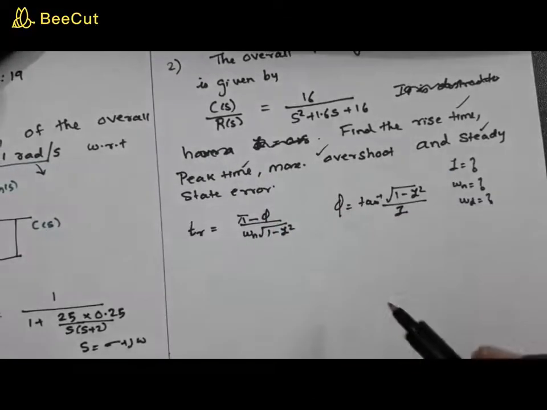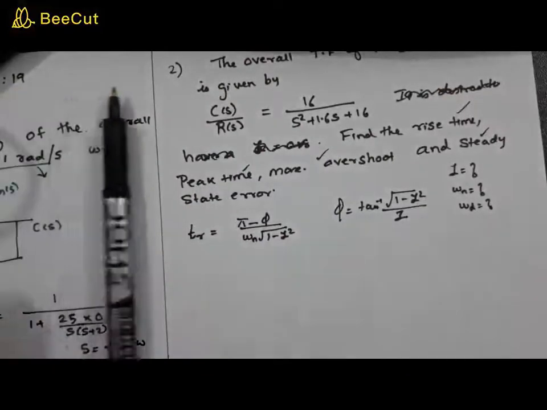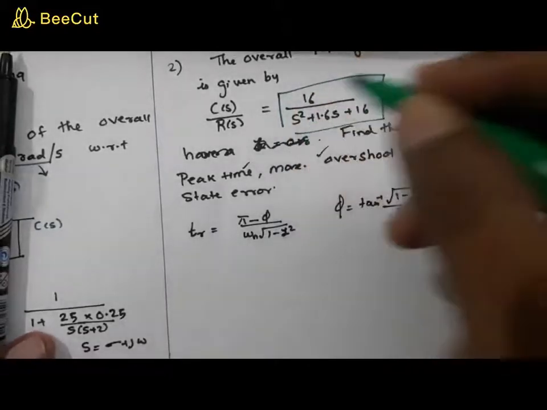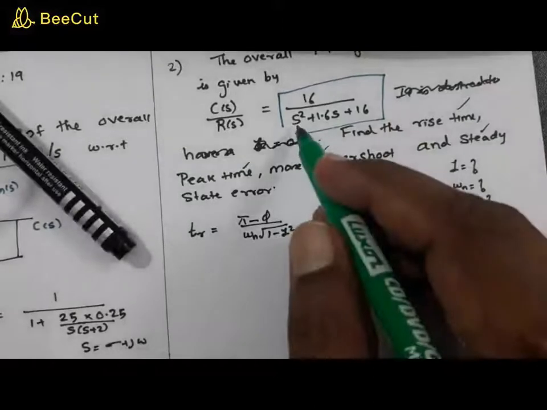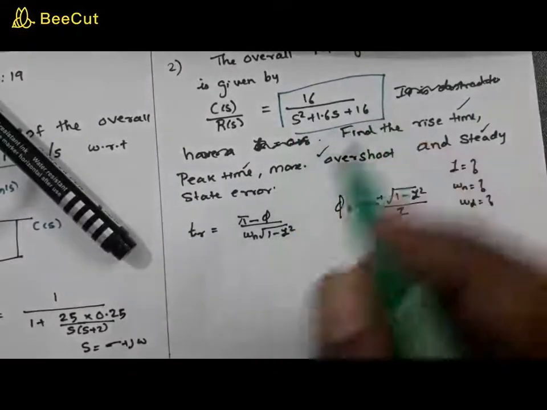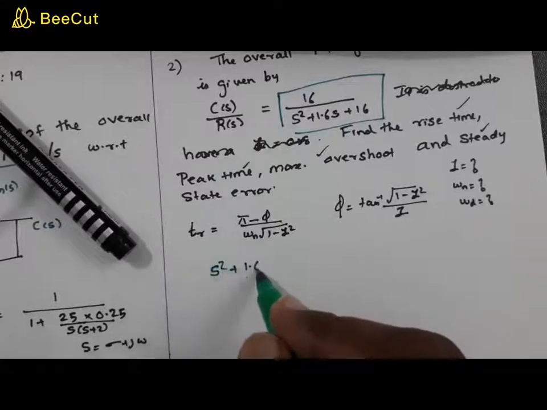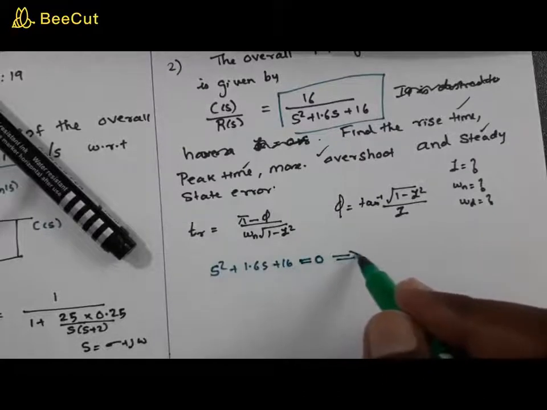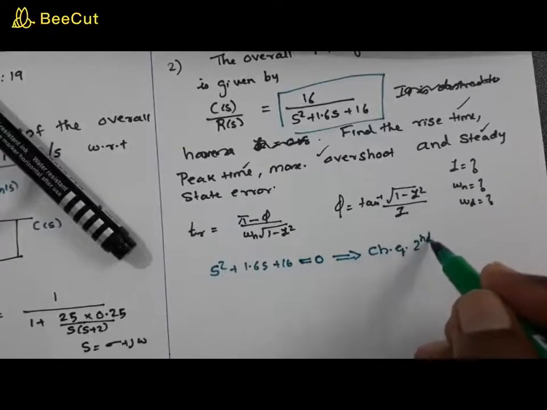For that purpose, this transfer function is given. When you look at the denominator of the transfer function, that is s square plus 1.6s plus 16, when you equate this to 0, it is called the characteristic equation of the second order system.